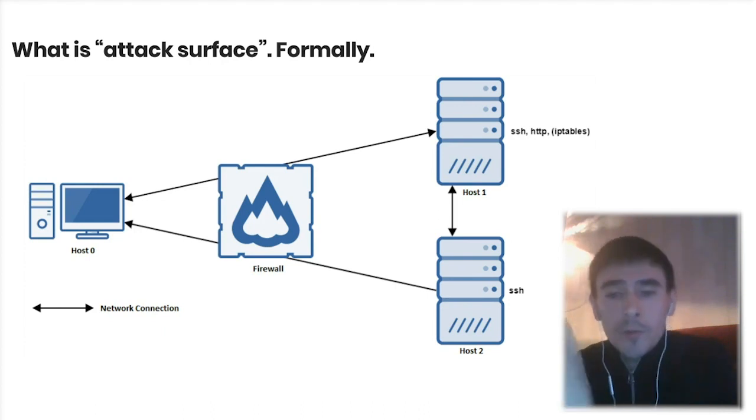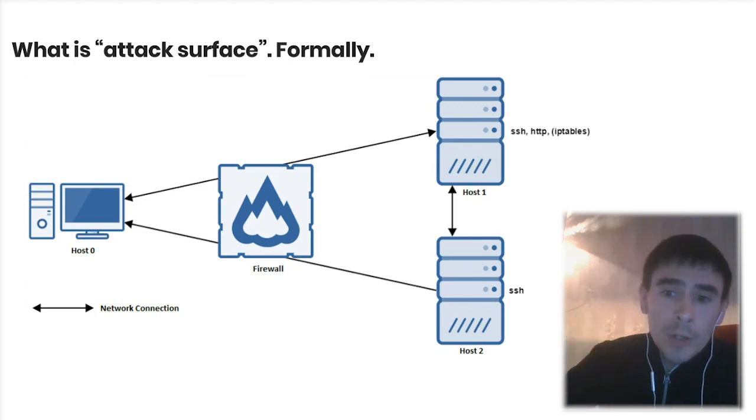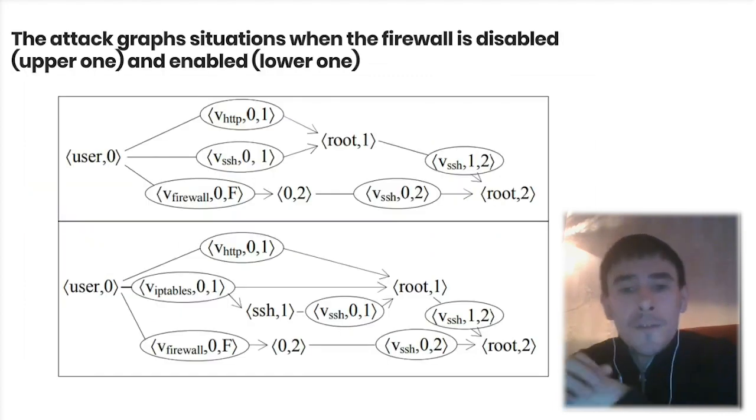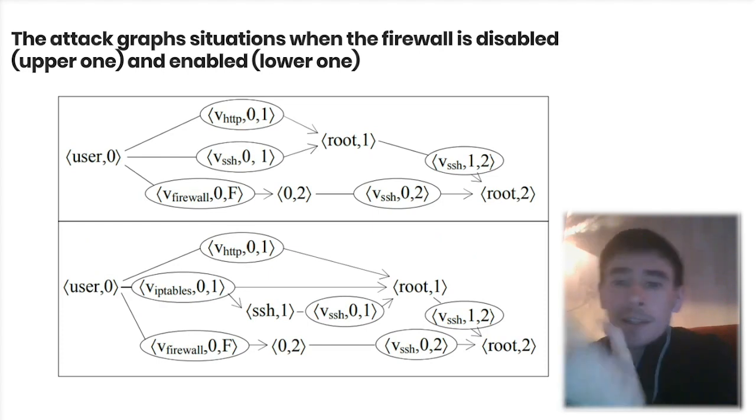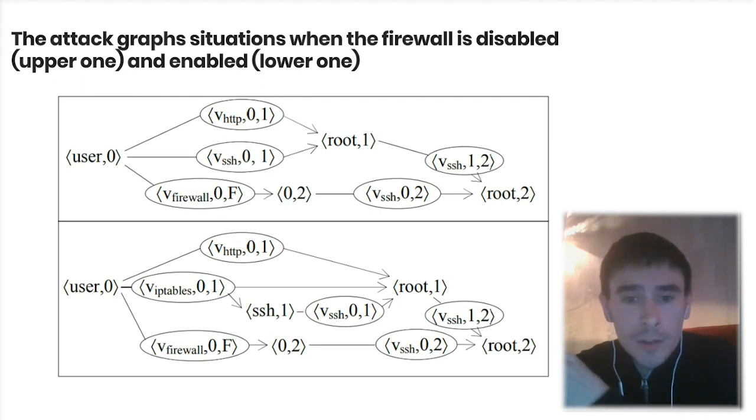You see here 3 hosts. One of them, host number 0, is divided by a firewall. So what is the attack surface from the point of view of this scheme? If this scheme has no firewall, you will see that an attacker requires few steps to achieve root access on host number 1 and host number 2.